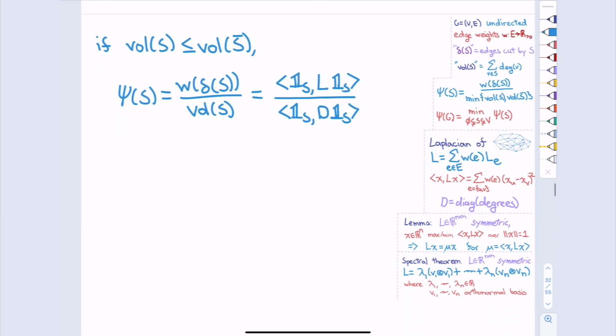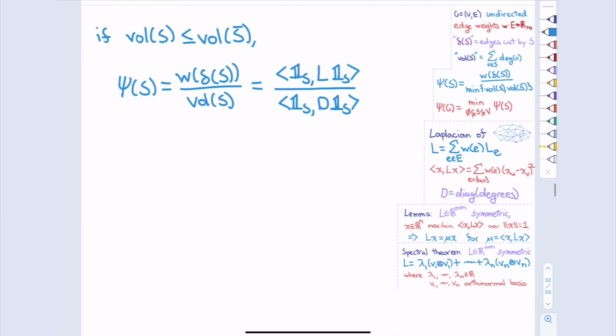All right, so how does this tie to conductance? Well, let's focus on a set S, which is the smaller side, so the volume of S is smaller than the volume of the complement. Then, this is a convenient identity.